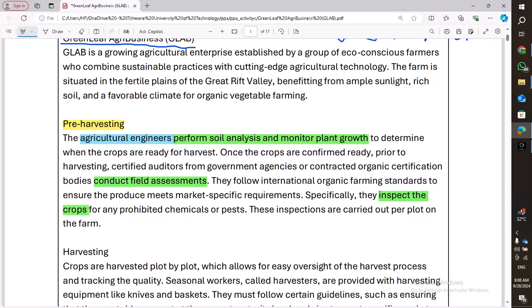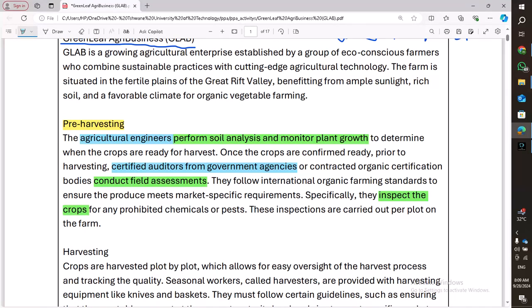The other person is a certified auditor, a government agency, or a certified organic body, and they conduct a field assessment. They follow the internal organic farming standard to make sure that whatever is harvested meets the market standard requirement.